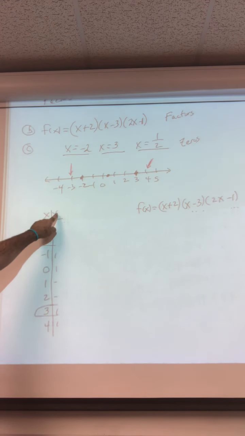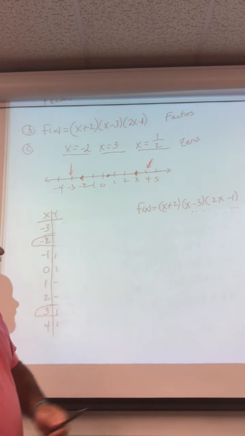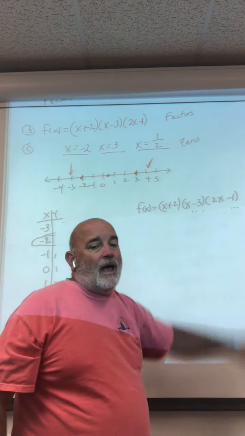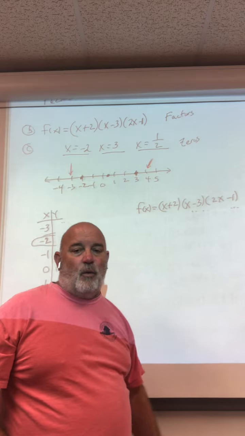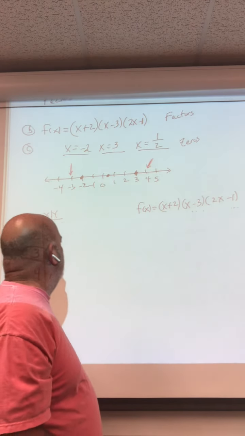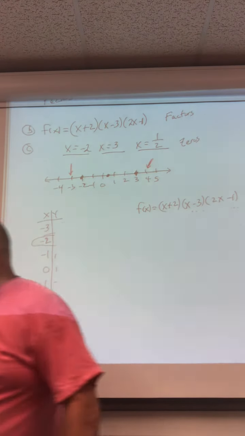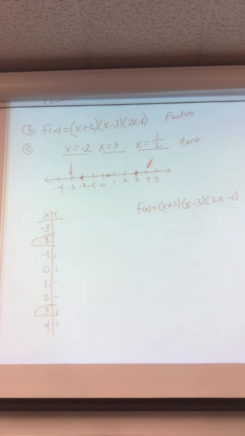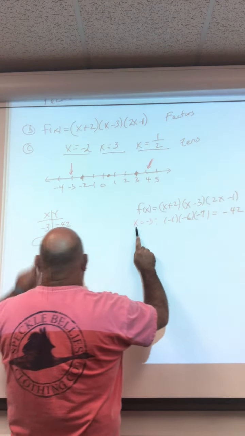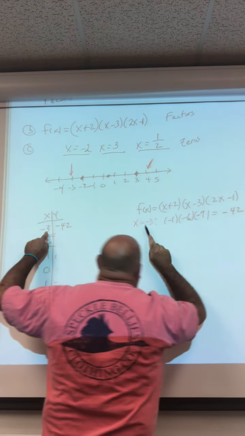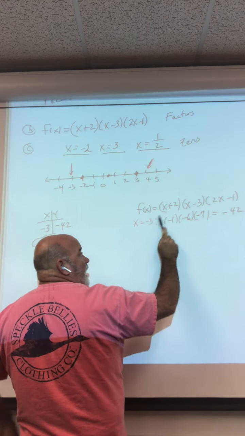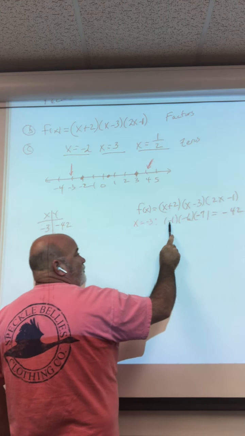Now, how do you find the y that goes with each one of these? Go to your polynomial. I like to use the factored form part of the polynomial. Now, I'm going to let x be -3 right here. When I let x be -3, -3 plus 2 is -1.